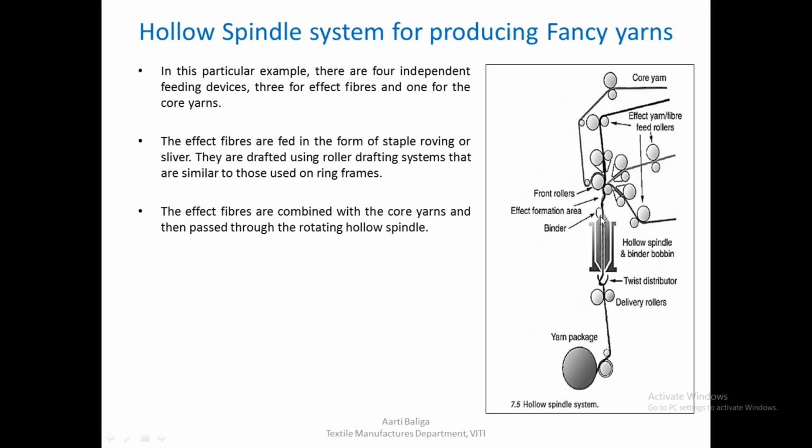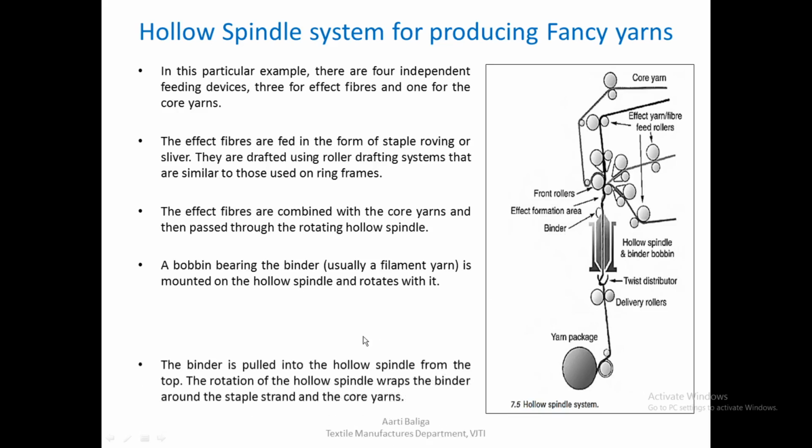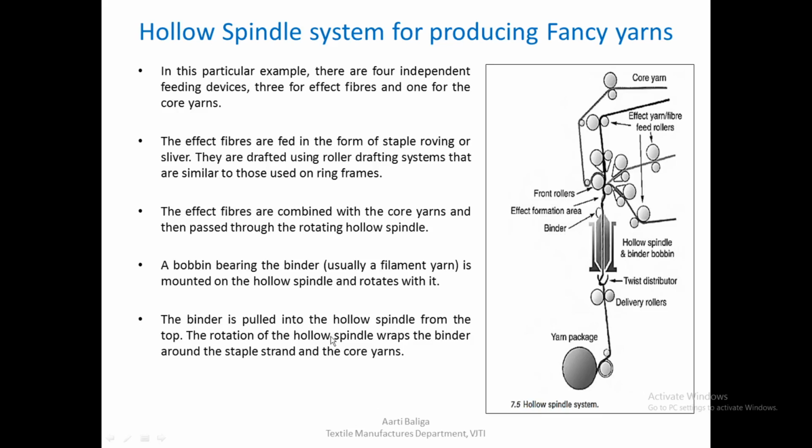The binder would actually twist the effect and the ground; whatever effect is formed in this region will be bound by this binder, and we will get the final yarn in one single step. A bobbin bearing the binder, usually a filament yarn, is mounted on the hollow spindle and rotates with it. So the binder is pulled into the hollow spindle from the top.